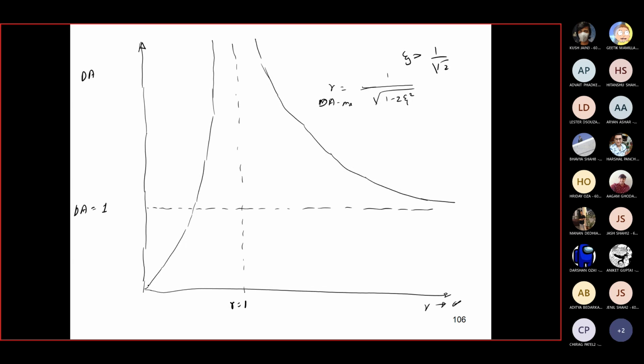So you will get a peak. Suppose zeta is equal to 0.1. Can you find out what is the peak value? R corresponding to dA max. Let's say zeta is equal to 0.25.